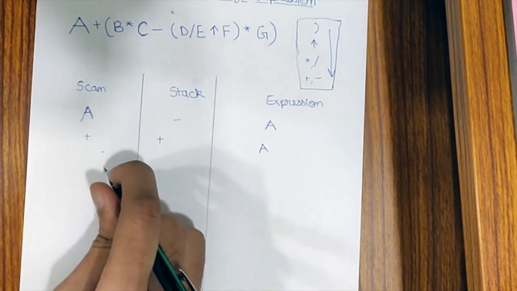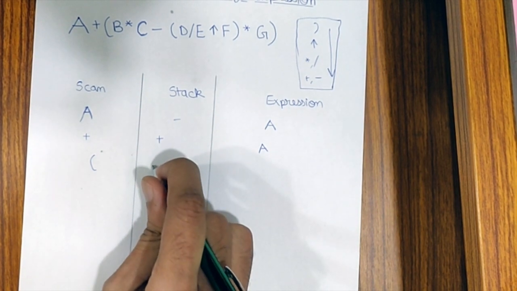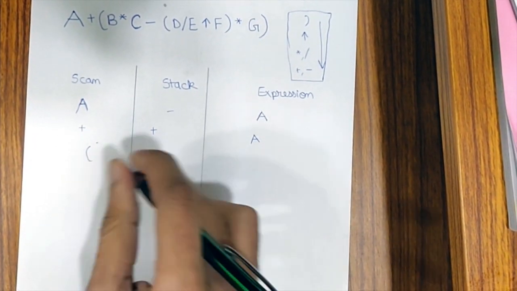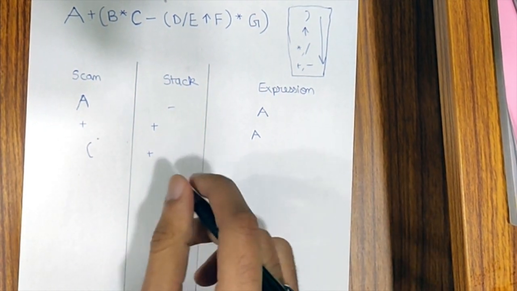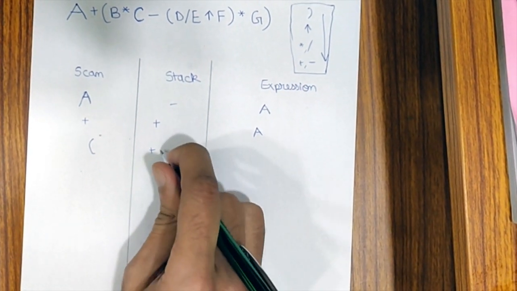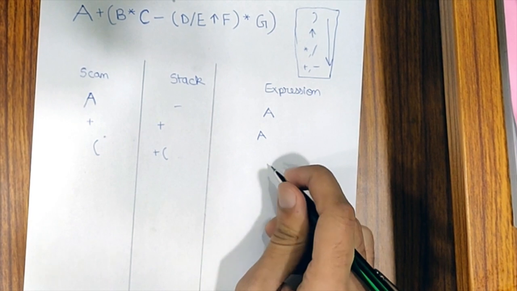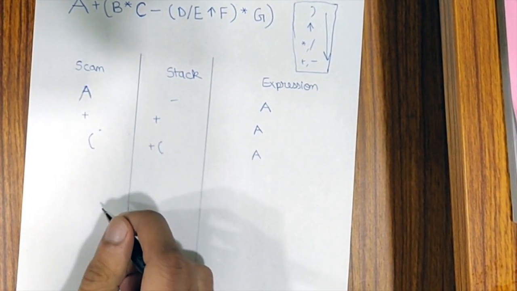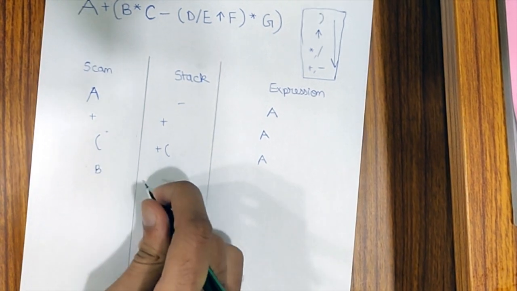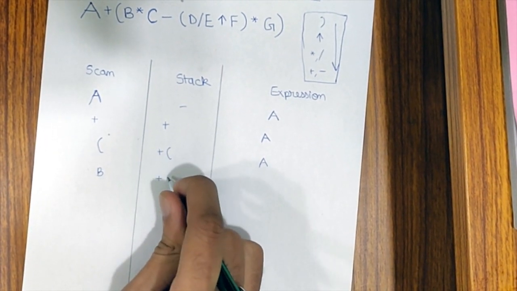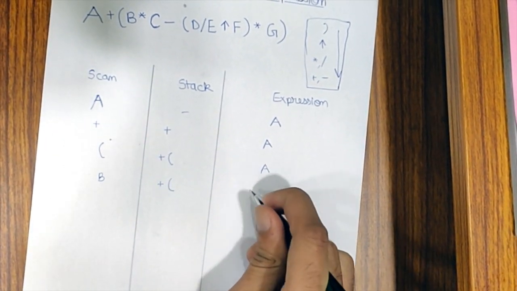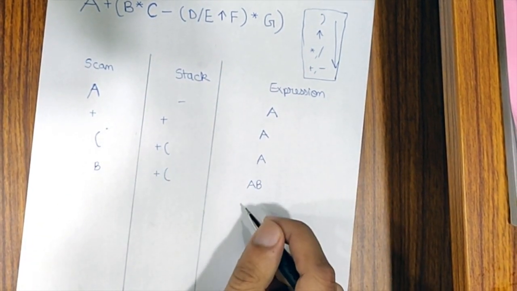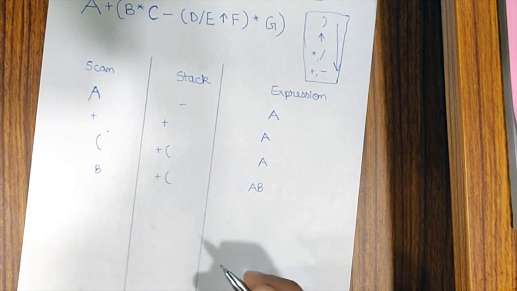Now the bracket comes up in the stack. The precedence level takes place, so the bracket comes up here after plus, and A stays as it is. Then B stays as it is. B comes after A here, because this is again an alphabetical expression, an operand.